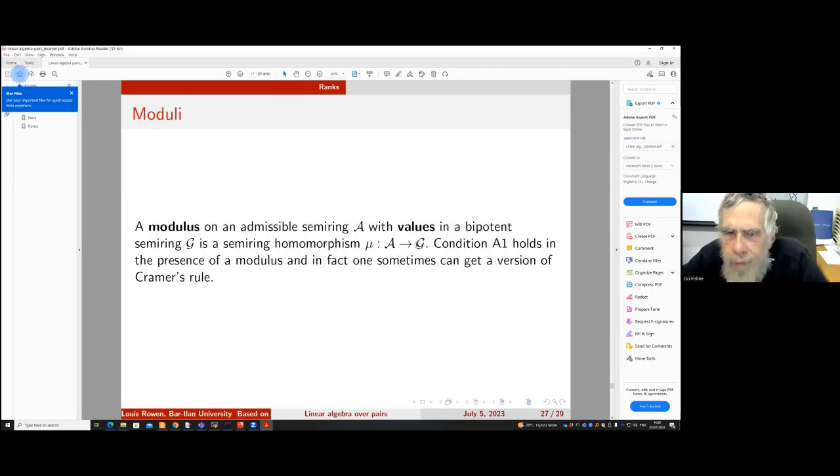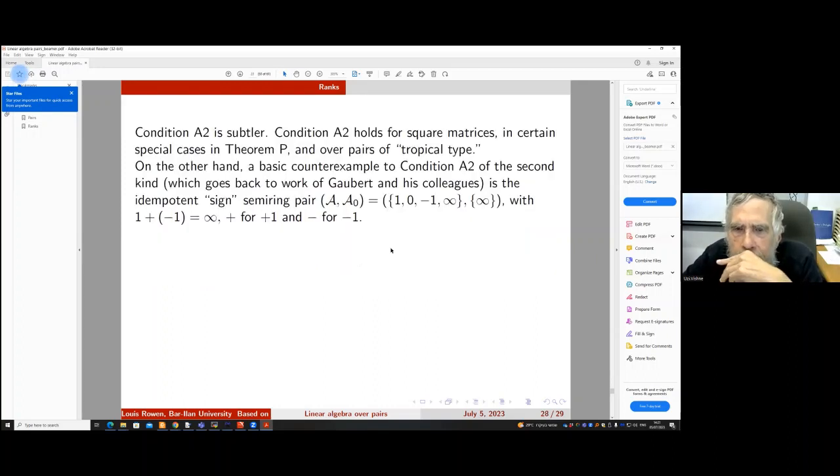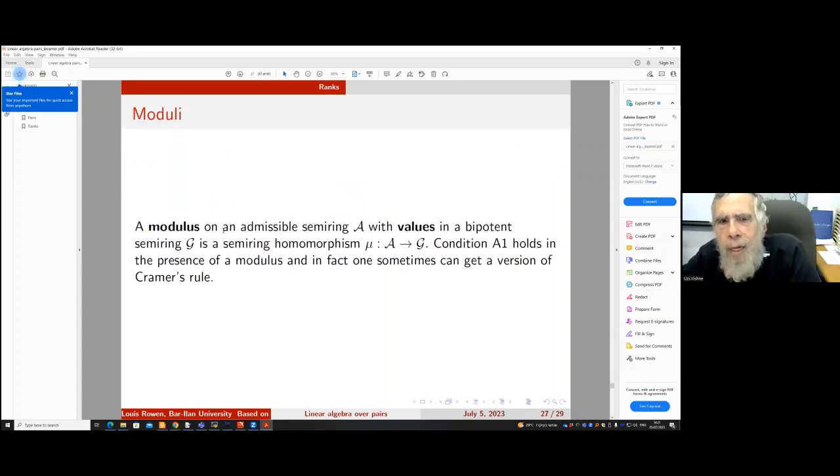We will generalize this slightly and say that a modulus on a pair is a homomorphism from A naught to a bipotent semiring.